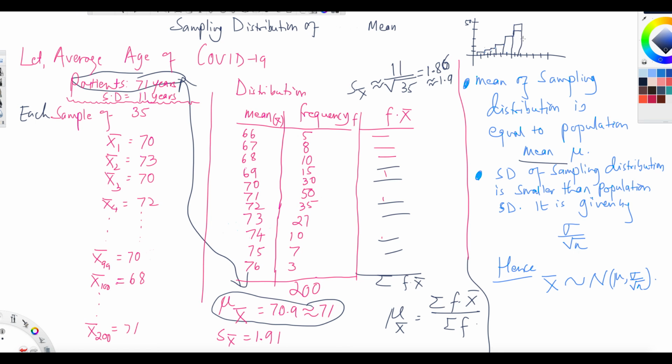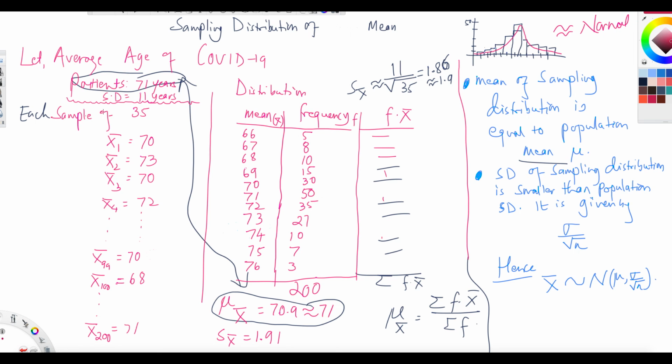If you draw the graph of this, it feels like a bell shape. So this is almost normally distributed. What we see here is that the sampling distribution of the mean is approximately normally distributed.